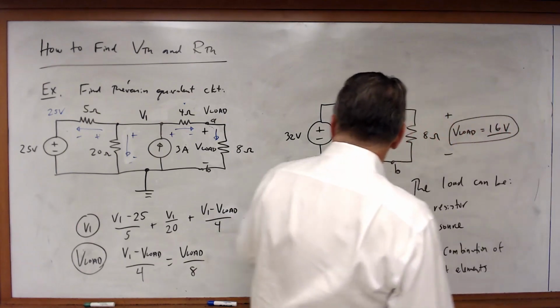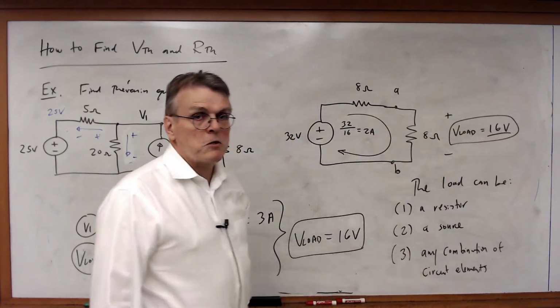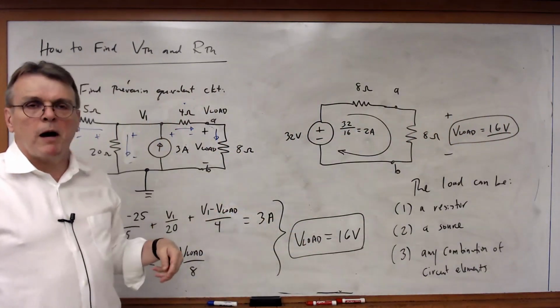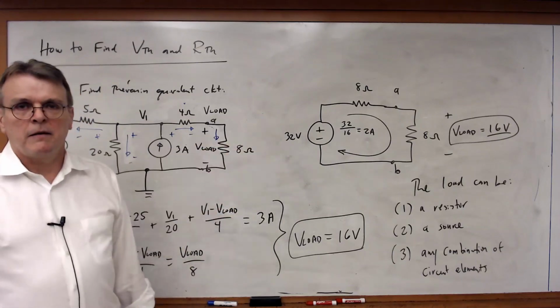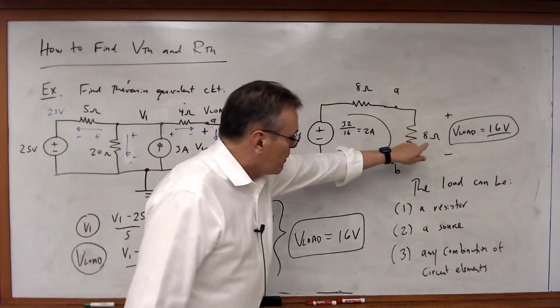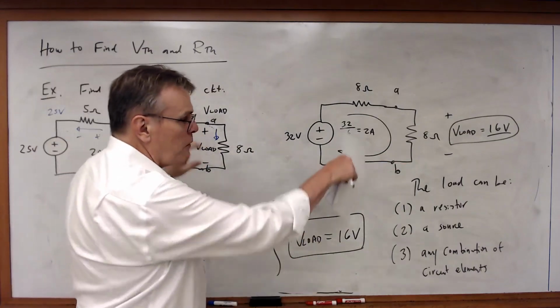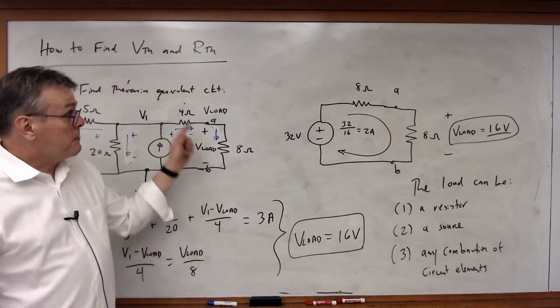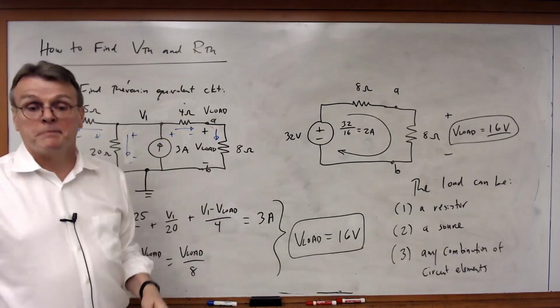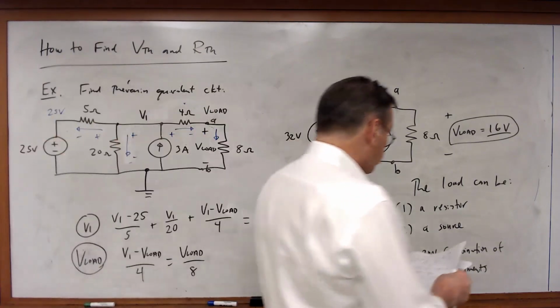You'll see most of these circuits will use a resistor when you're working a problem, but really it can be anything. And you will still see for the Thevenin circuit, as you did for the original circuit, the same voltage between the two of them, or the same current flowing into them either way.